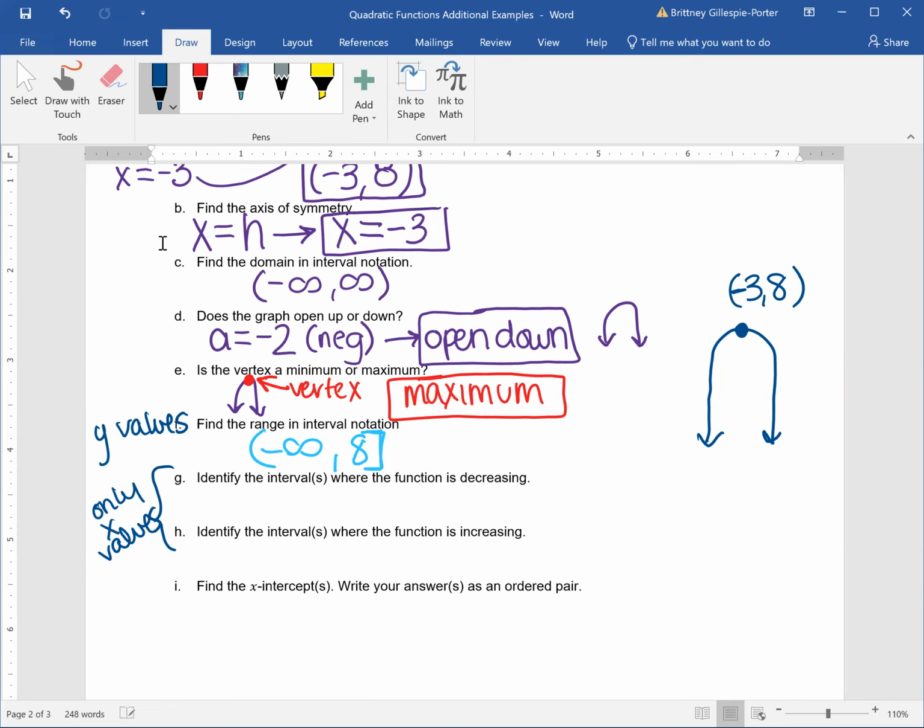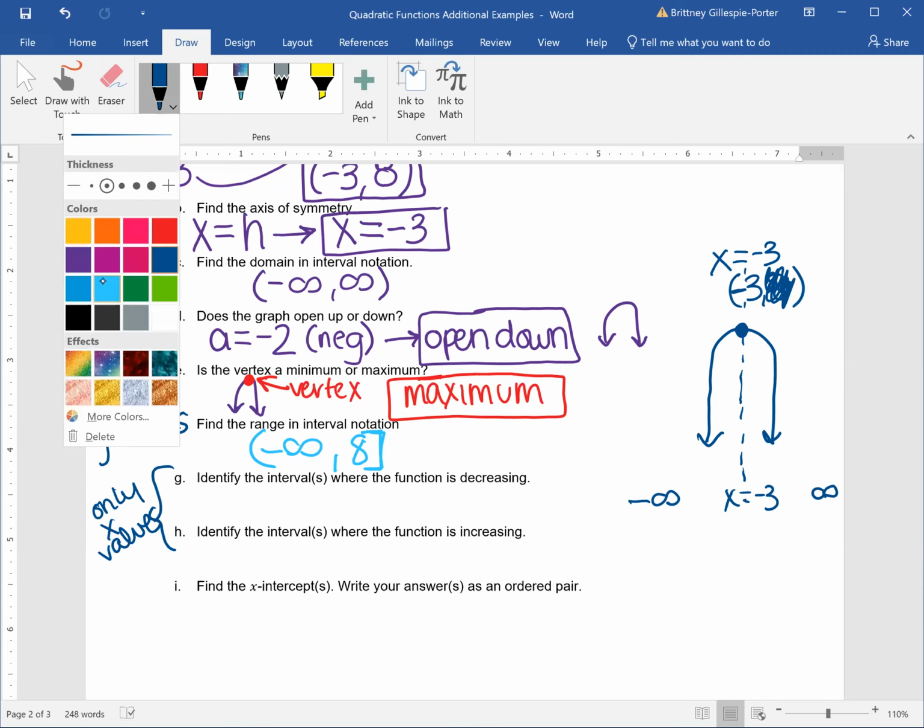Since we only care about the x values, ignore the y values. Looking at my little diagram on the right-hand side, we have x equal to negative 3, which is our axis of symmetry. We have negative infinity on the left, positive infinity on the right.